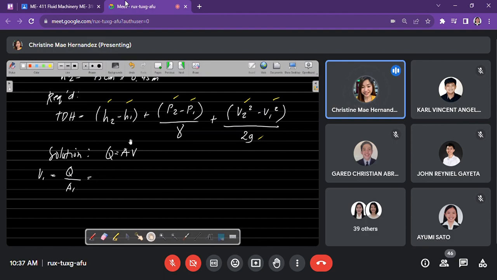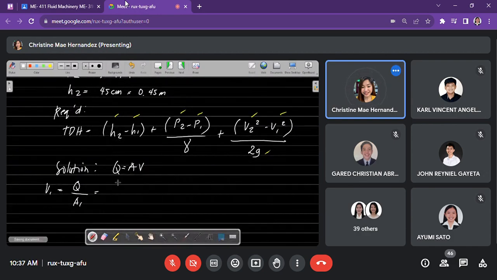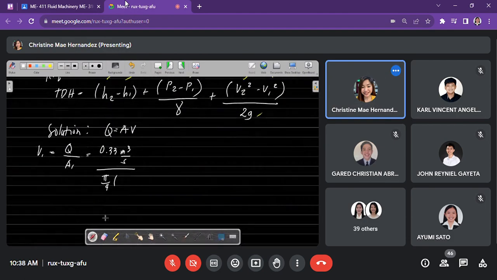Q, we have computed 0.33 cubic meter per second over yung ating area. May diameter tayo at the suction na 0.4 meters. So, velocity 1 ay equal sa 2.626 meters per second.